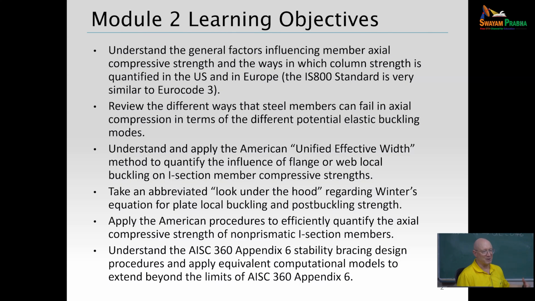The AISC provisions provide a whole list of different elastic buckling calculations with different types of modes. I believe the Indian code mainly focuses on flexural buckling, is that correct? So it's kind of silent about some of the other modes.